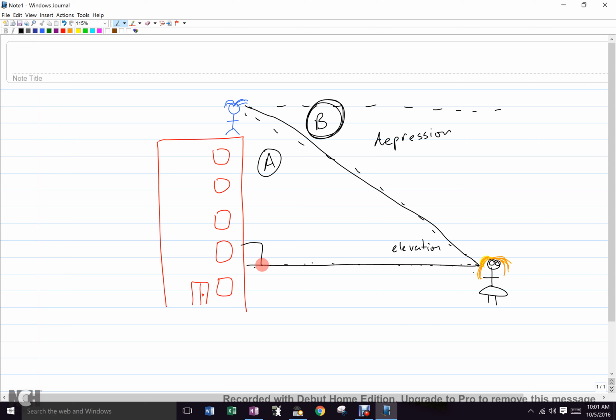Can Annalise do an angle of depression? Sure she could, because she notices a $20 bill on the ground. And even though there's a super handsome guy up here, where's her eye going to get drawn?